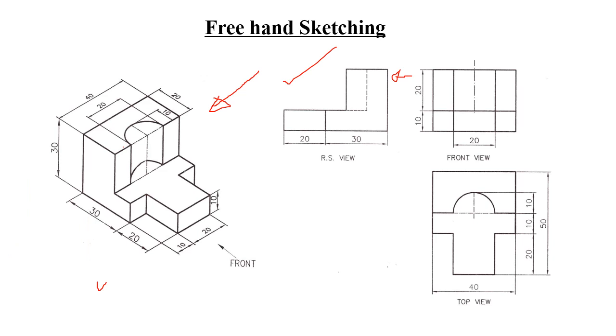Same way you have to of course do the top view as well. Just look at this diagram to see how the top view will look. So you have a block here, with a semicircle of course. This one, that is what is drawn here in the top view.